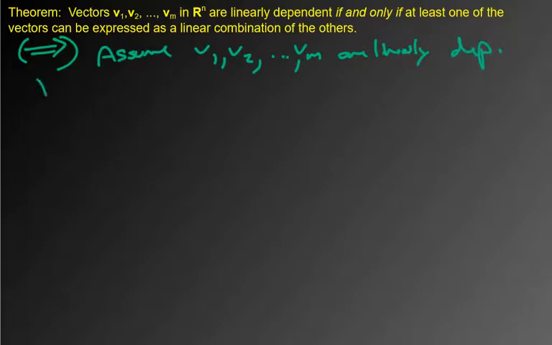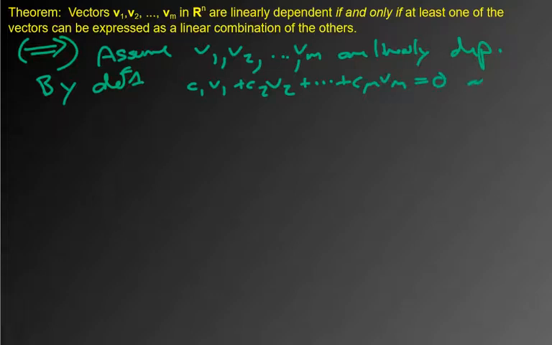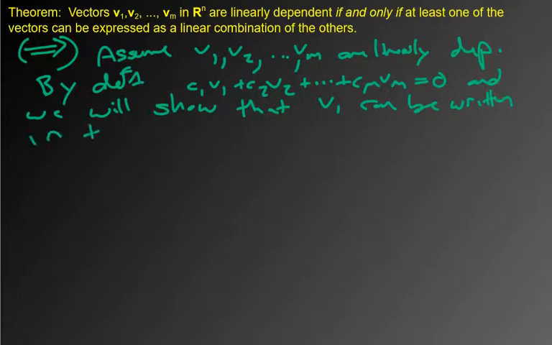That means, by definition, just from before, we have that c1 v1 plus c2 v2 plus, blah, blah, blah, cm vm equals the 0 vector. And we will show that v1 can be written in terms of the others.